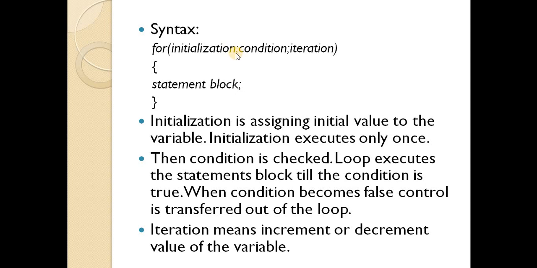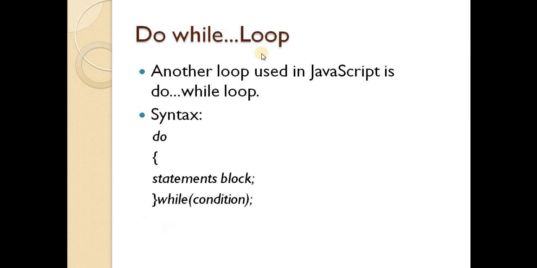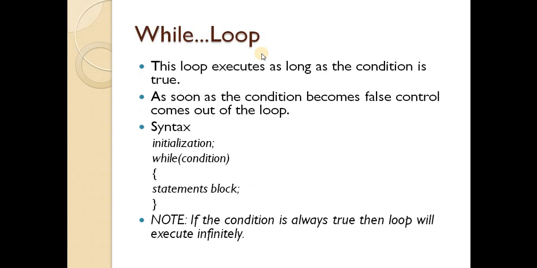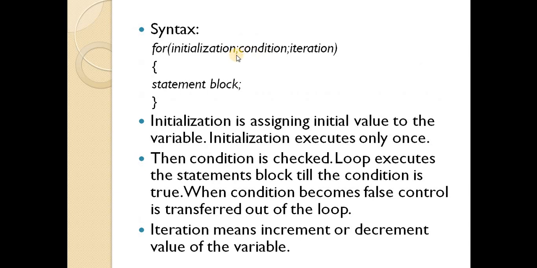After initializing, we have a semicolon. After condition, we have a semicolon. Please make note of this, that it is a semicolon. A very common mistake is over here, many a times, many people put a comma. We have to use a semicolon after initializing and a semicolon after the condition.